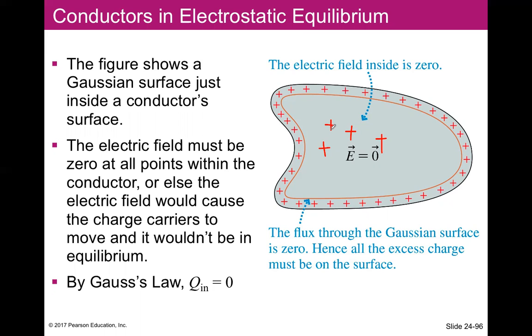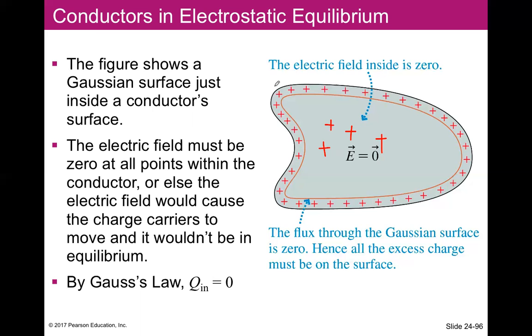They are trying to get as far as possible from each other. They cannot leave the conductor because it contains atoms with positive nuclei and negative electrons, so the charges cannot leave the conductor.